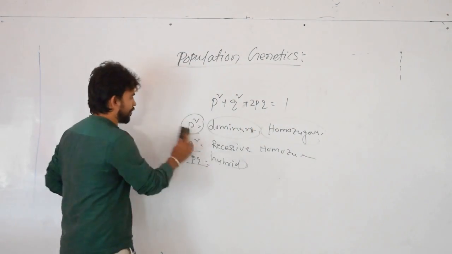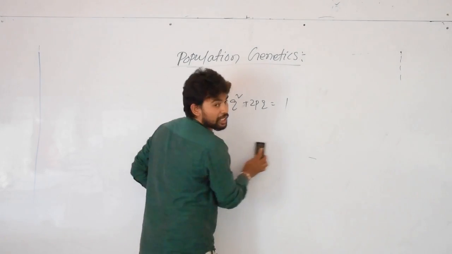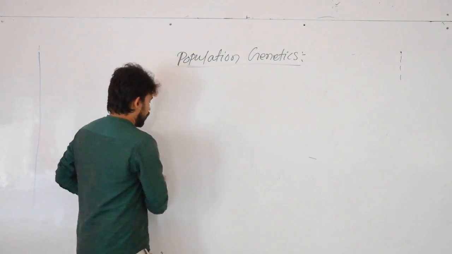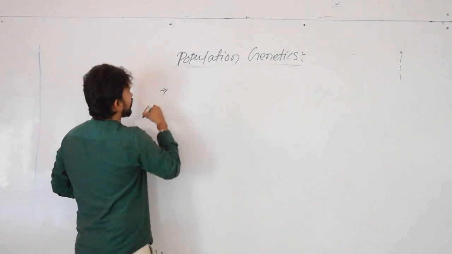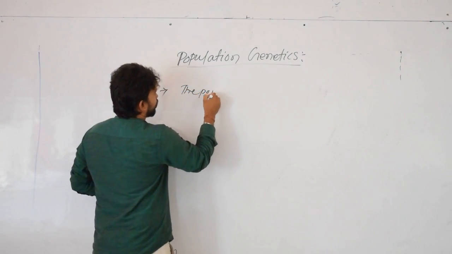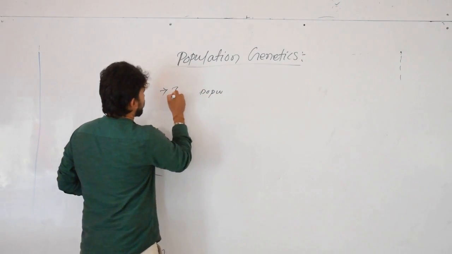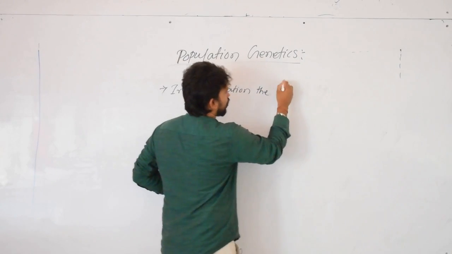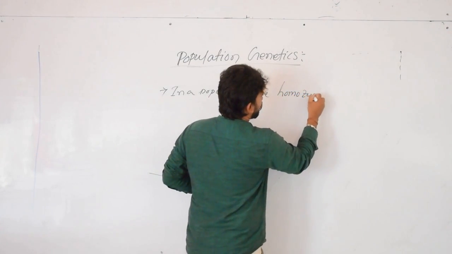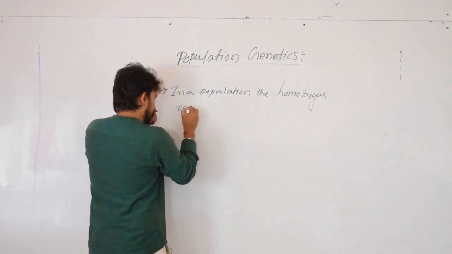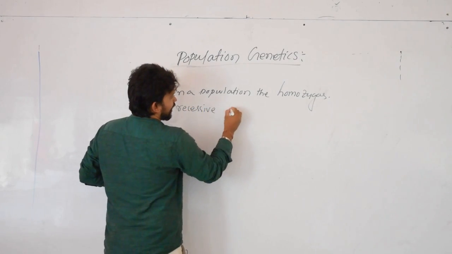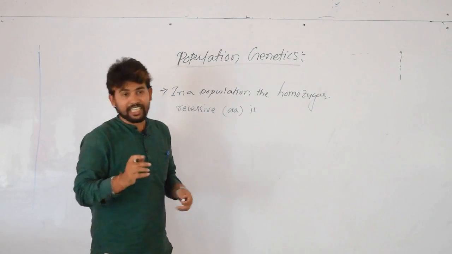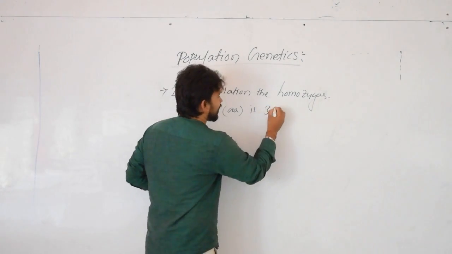Once we solve a problem on the basis of P square plus Q square plus 2PQ is equal to 1, here the data is given. In a population, the homozygous recessive aa is 36%.